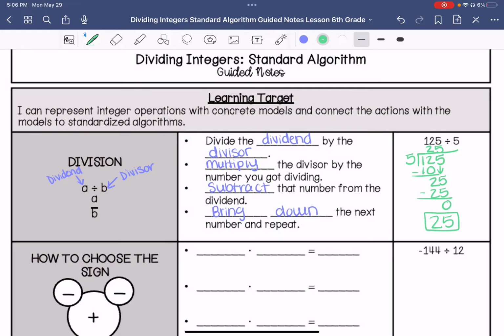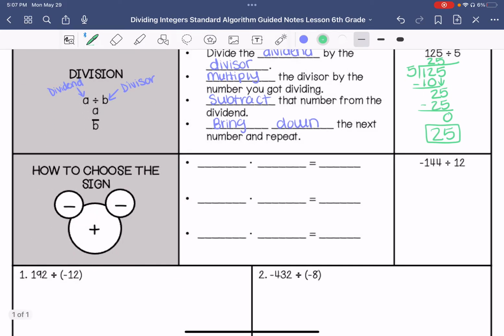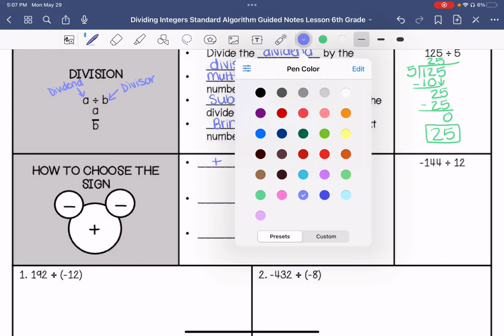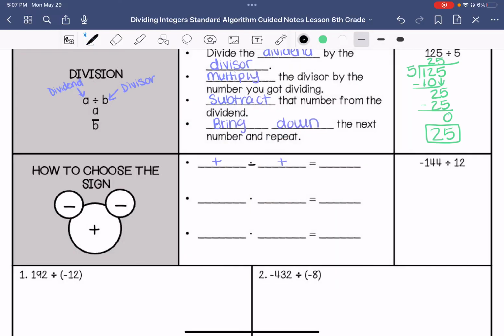All right, how do we decide signs when we have negatives and positives? If we have a positive divided by a positive, I need to change that to a division symbol. Positive divided by a positive is positive.